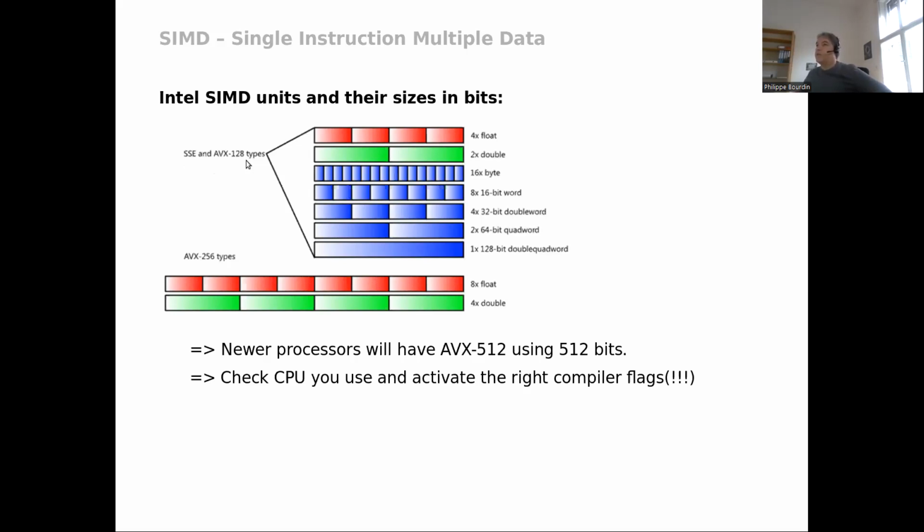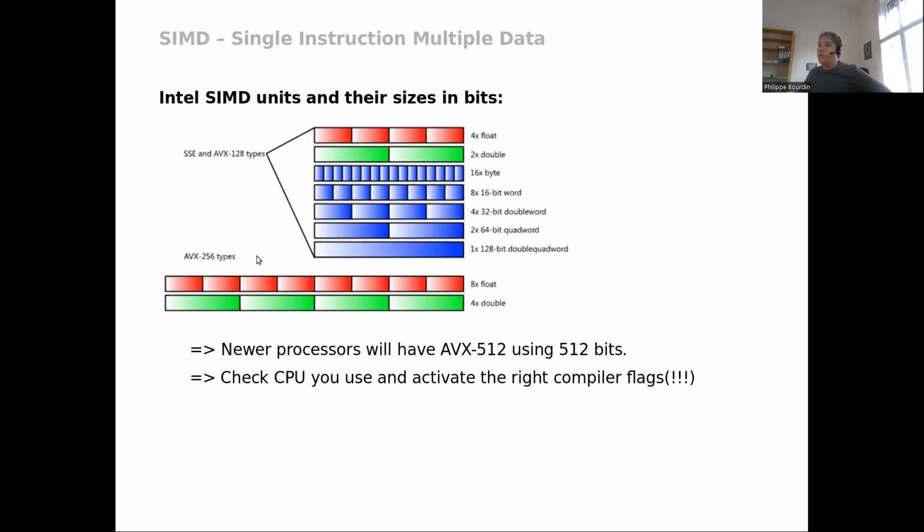That would mean you fit either 4 times a single precision float, or 2 times a double precision float, or, depending on which integer type you take, 16 times a byte, and so on, or 2 times a 64-bit number. Okay, so this is what we had in common computers until recently.